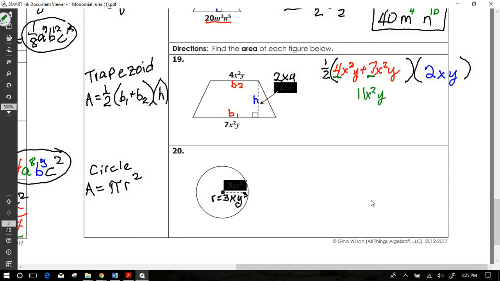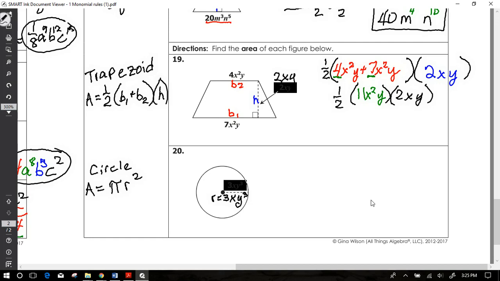X squared y stays the same. And I'm going to bring all this stuff down now. Okay, so now I have just what I had up above. I have all multiplying together. Okay, so this time I just had to do the adding my like terms together first. And then I could do my multiplication next.